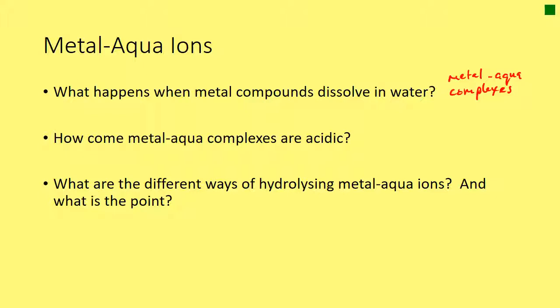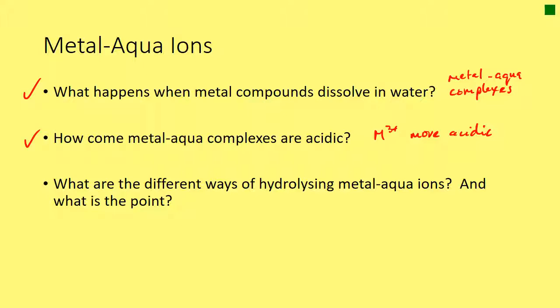And we noted that because of the higher charge density of the metal 3+ ions, the metal 3+ ions are more acidic. That's the second one as well.